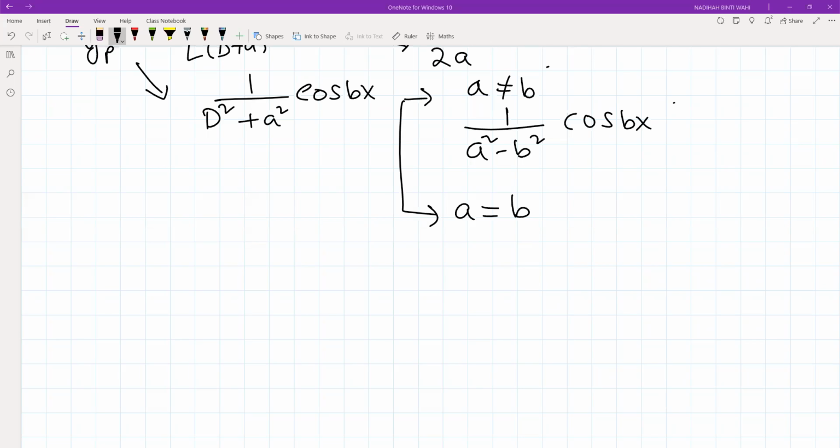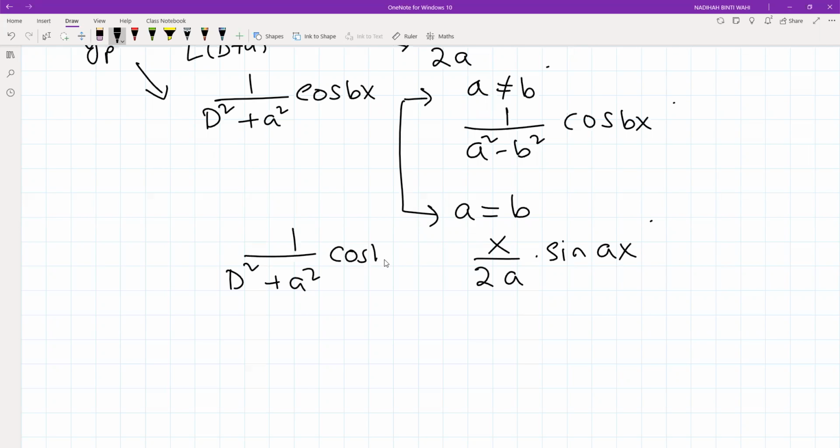So in that case dia punya equation jadi 1 over 2A times sine of AX. So yang ni jadi 1 over D squared plus A squared of cosine BX. Dapat yang ni. Alright, kita tengok contoh.